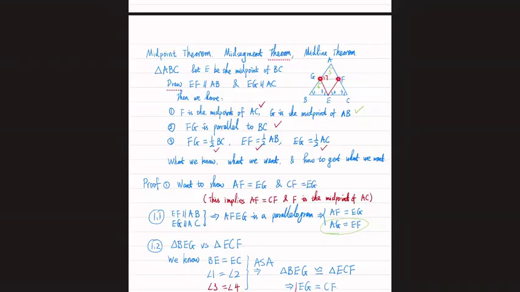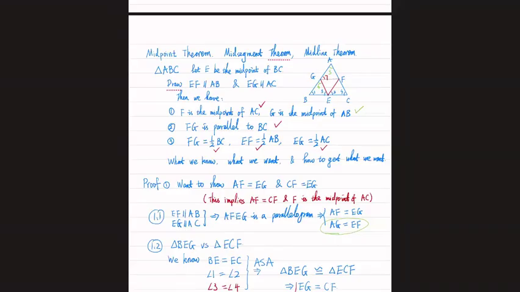That's what we proved, not by construction. And this is parallel to the third line. And each of these is half the size of the corresponding edge. Okay, a very important theorem. And then we will use this in our next chapter about similar triangles.